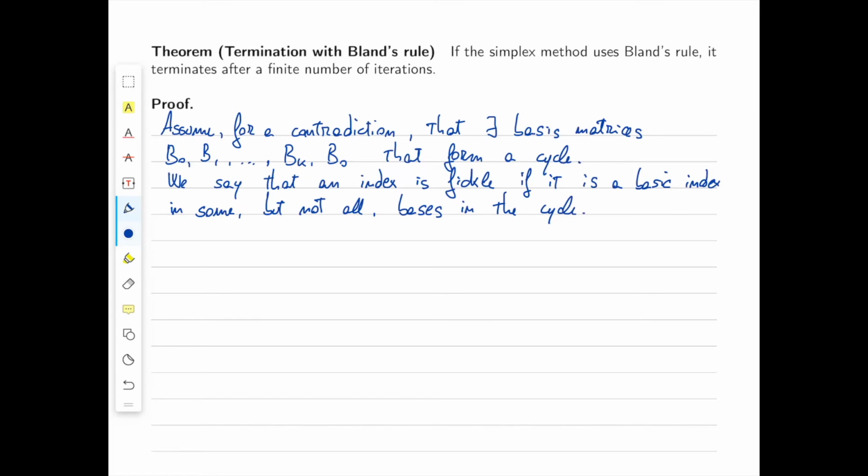The first thing to observe is that if a variable i is fickle, then the corresponding variable xi will be equal to 0 in the solution corresponding to this basis, since the solution x remains the same throughout the cycle.